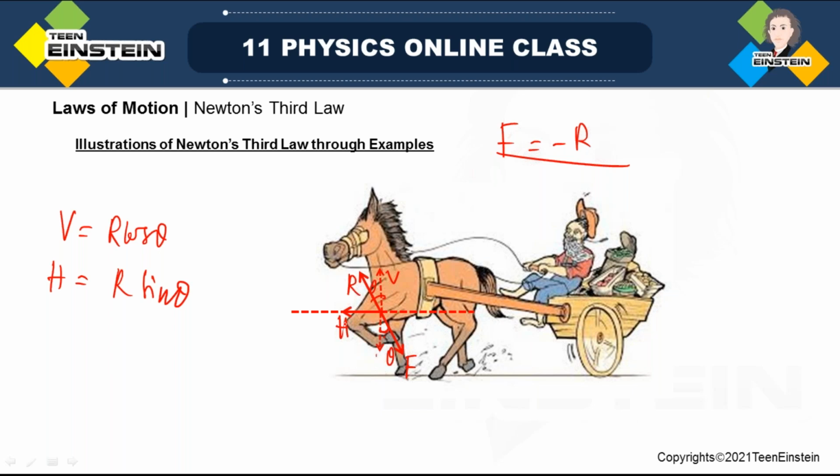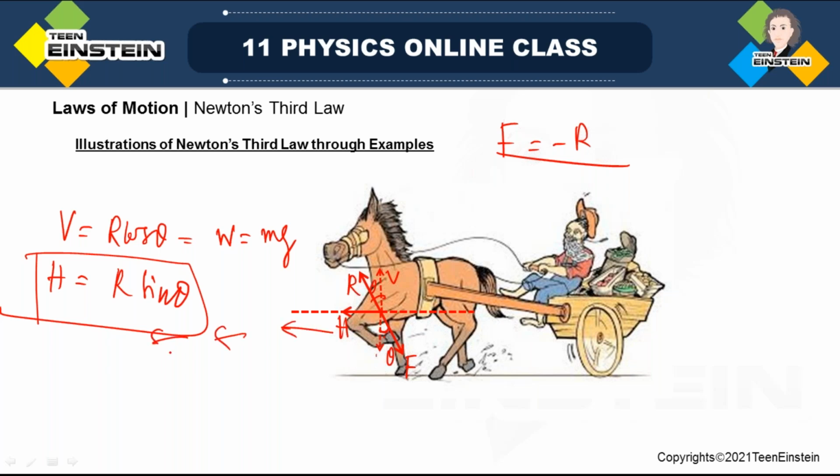The vertical component will balance its weight, mg. And the horizontal component helps the horse to run in the forward direction, R sin theta in this case.